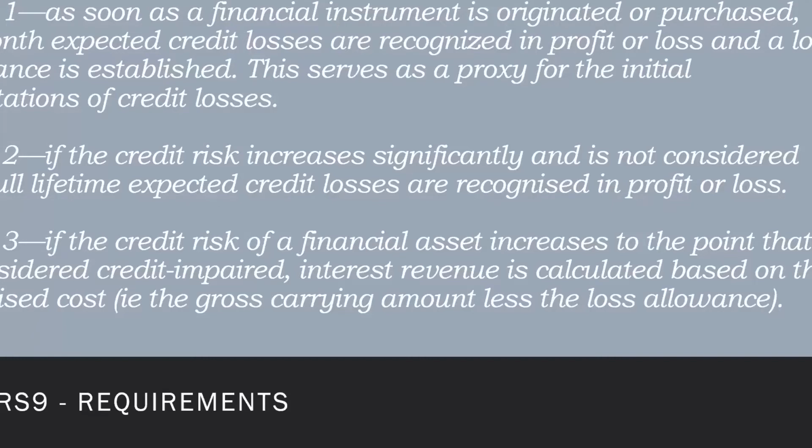Now you have stage two, which says if the credit risk increases significantly and is not considered low, then full lifetime expected credit losses are recognized. You must recognize them in the profit or loss account. And then finally, stage three, which says if the credit risk of financial assets increases to the point that it is considered credit impaired, interest revenue is calculated based on the amortized cost, that is the gross carrying amount less the loss allowance.